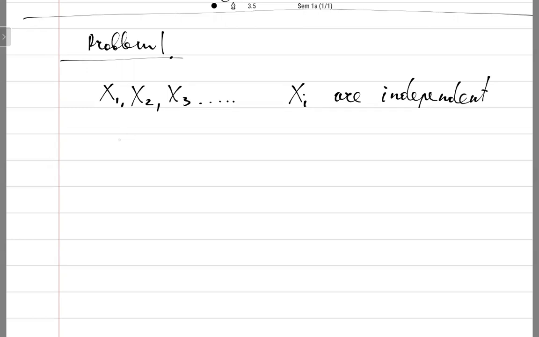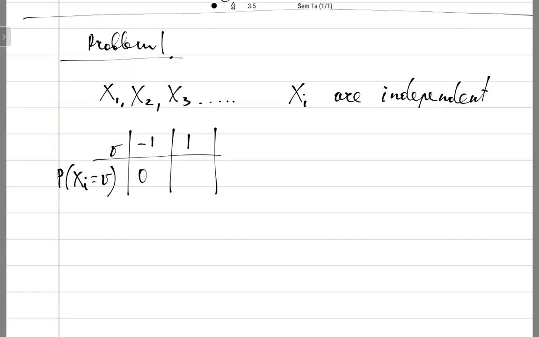There are only two values possible, -1 and 1, and the probability that Xi is equal to a particular value is either 0.4 or 0.6. So they are independent and identically distributed.